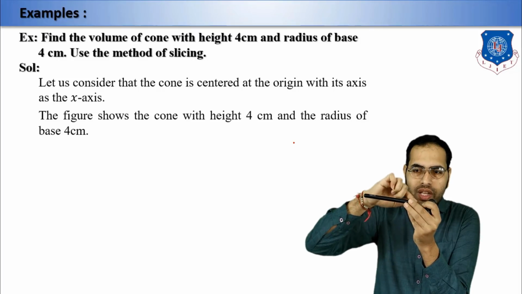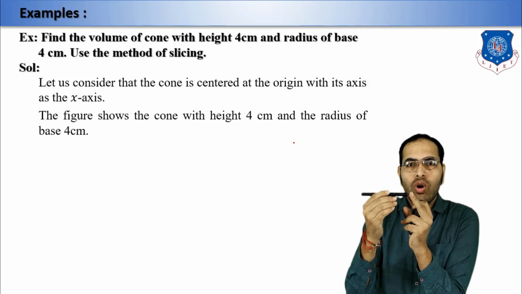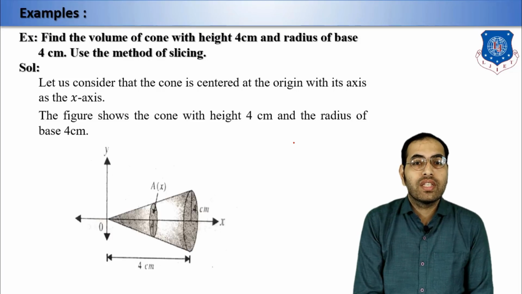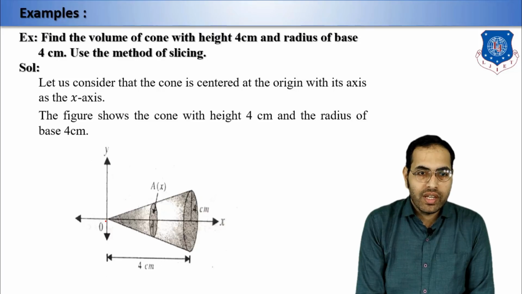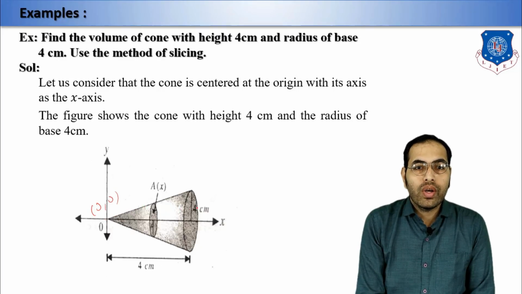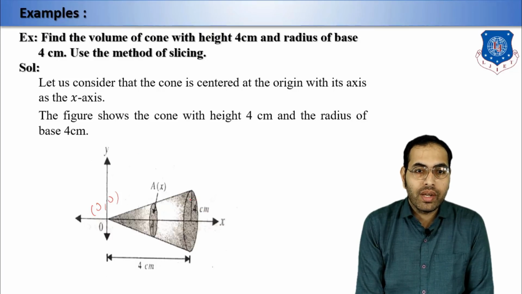Consider the cone like this. Here is our origin 0, 0, 0, along the positive x axis. See the figure: this center is 0, 0. This is the x axis, and the length of the cone is 4 cm and the height of the cone is also 4 cm.